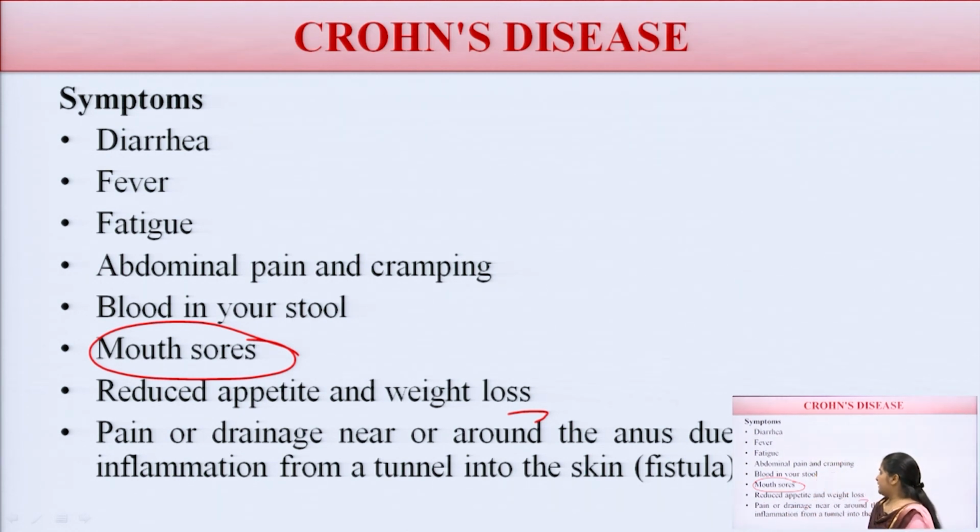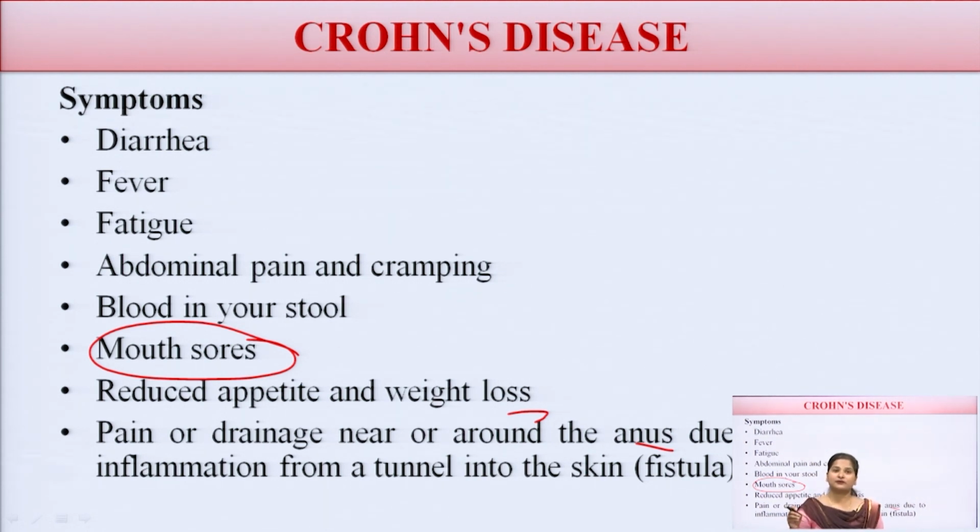Now, pain or drainage around the anus due to the inflammation, and this turns into a skin fistula. Whenever the person is not able to pass the stools properly, or there is some constipation because the digestive system is not working, at that time the person is suffering from constipation, and is not able to remove the stools very smoothly.